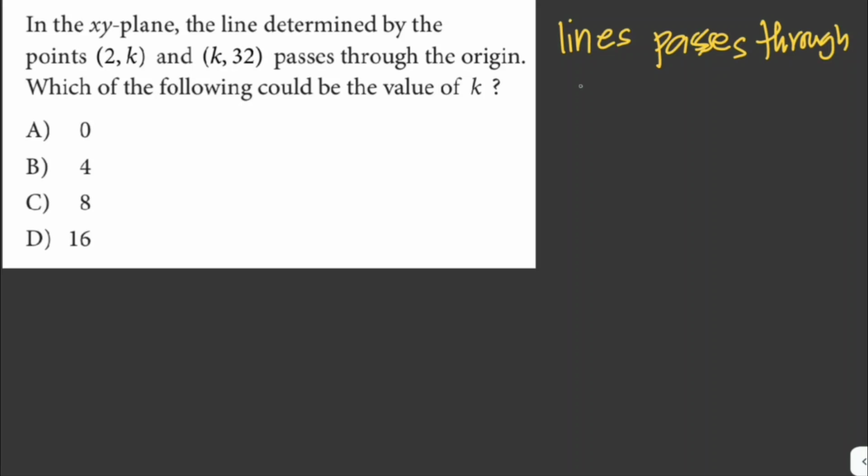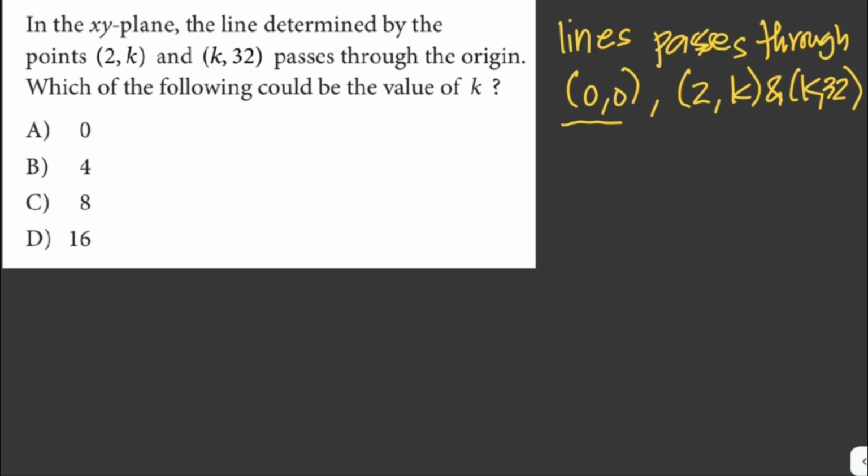Okay, so the origin is (0, 0), and the line also passes through the points (2, k) and (k, 32). Now to solve for k here, we just need to solve for the slope.